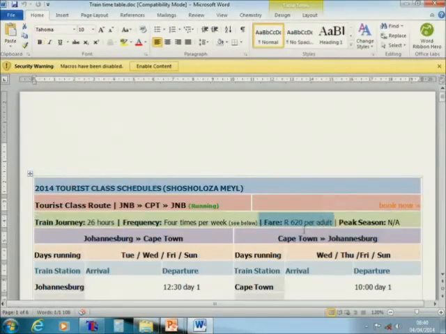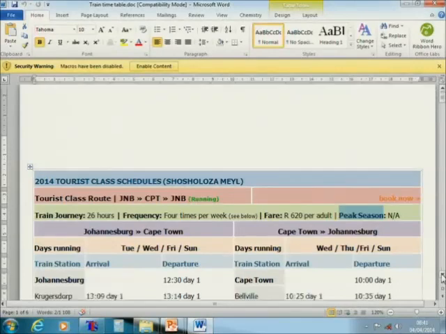It's 620 per adult, in other words we are talking about one person here. Then the peak season is not applicable. This one also needs to be thoroughly explained. What do we mean by a peak season? It's those times when it is very busy, during the school holidays, for example.